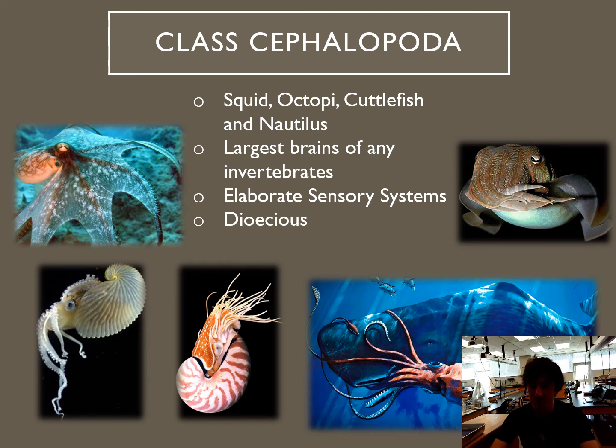The organisms in this class include squid, octopi, cuttlefish, and the nautilus. These are extremely intelligent organisms. It's kind of a cruel thing to put them in an aquarium and not give them any sort of stimulation. Oftentimes when you see cuttlefish or octopi in aquaria, they're either extremely depressed, looking for some sort of mental stimulation, or if you go to a good aquarium, they're well taken care of, and they don't have that issue.